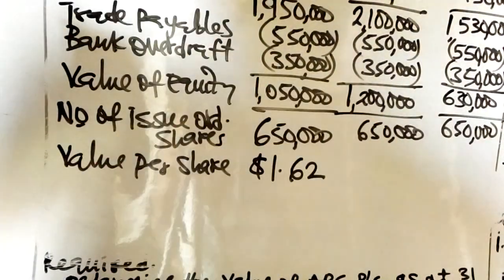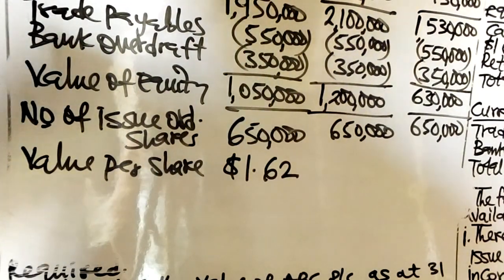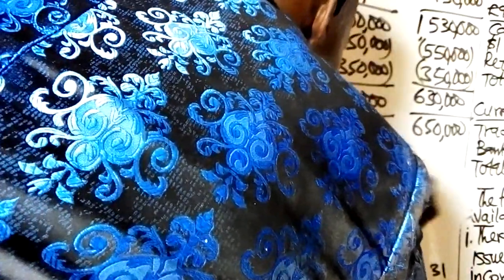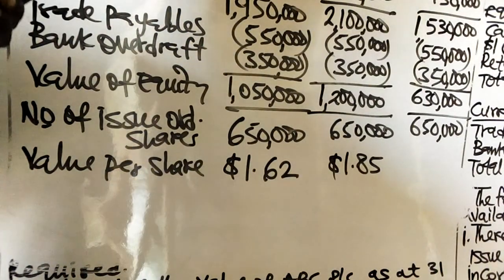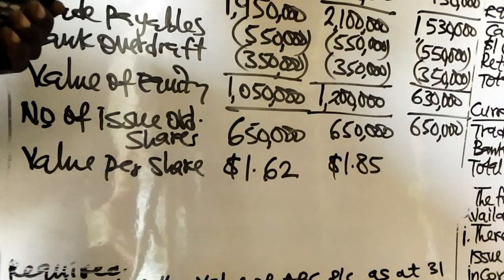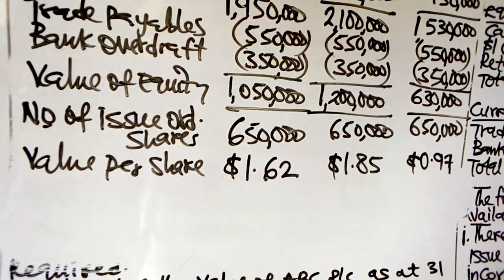Then 1.2 million divided by 650,000 will give us $1.85. Then we also have 630,000 divided by 650,000, and that will give us $0.97. That is the value of the firm using the three methods I've explained.